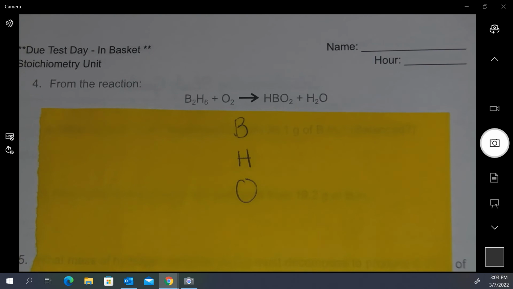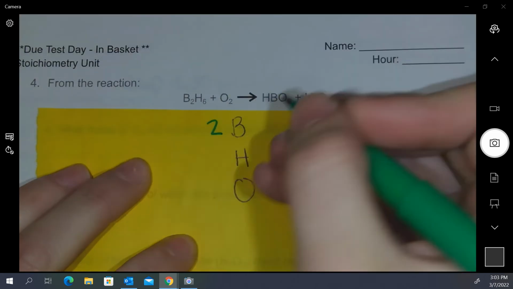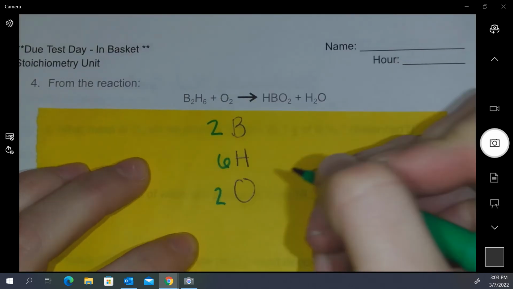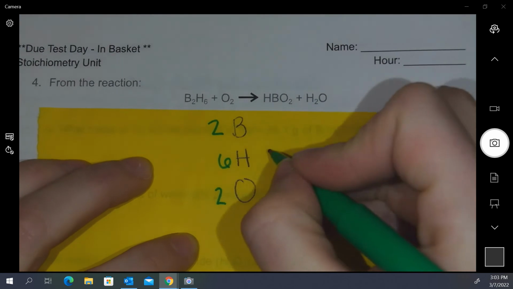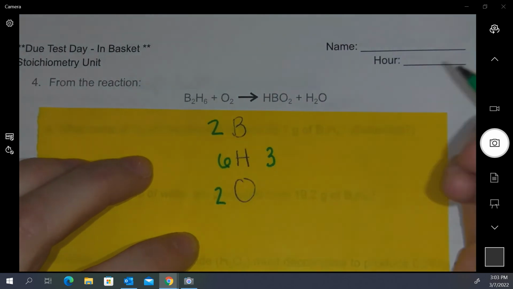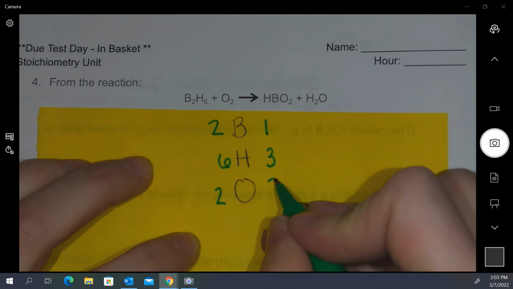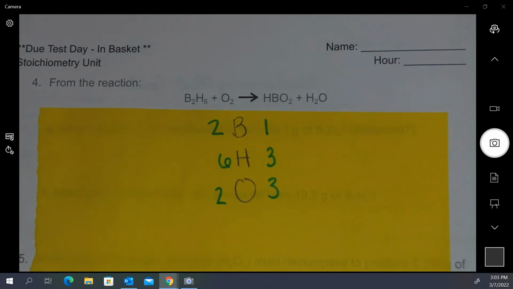So first let's do our counts. On the left side, we have 2 B's, 6 H's and 2 O's. On the right side, we have 3 H's, 1 B and 3 O's. I think one of the most simple things to start with is to look at boron.